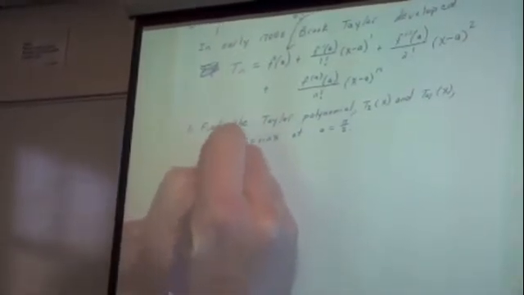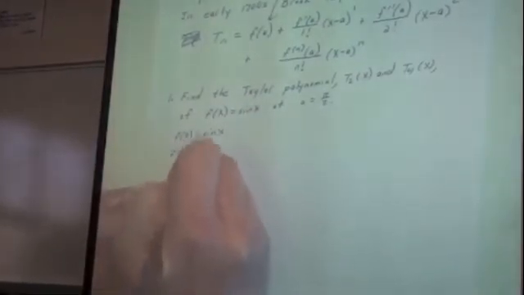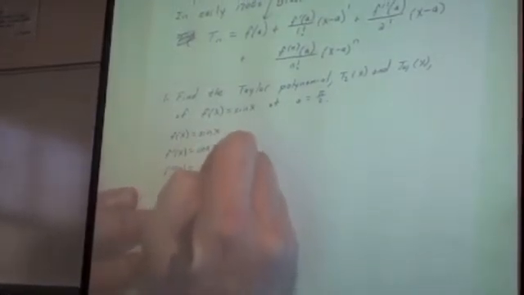So I'll say, well, f of x is just our sine function here. I know that the first derivative of sine is going to be cosine. Second derivative of cosine is going to take us back to the negative of the sine.